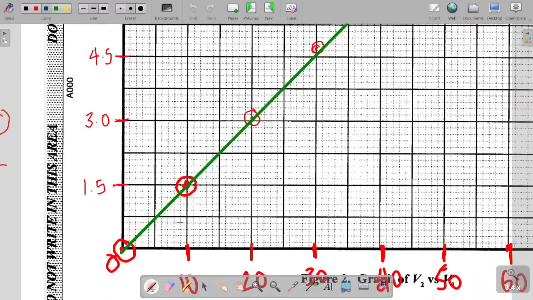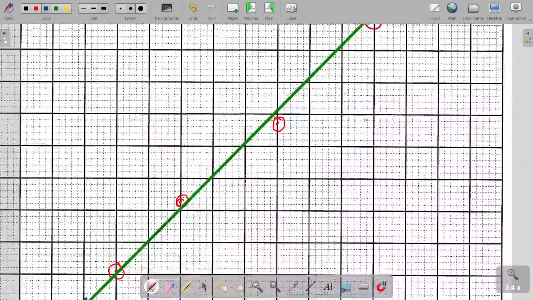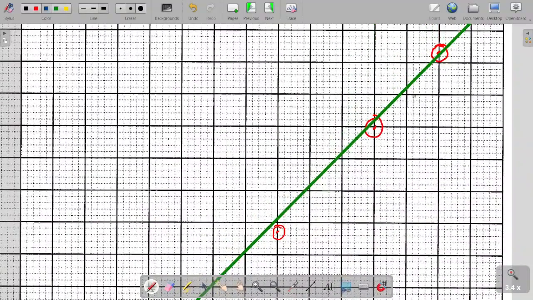So let's use this point right here. I'm going to be using a different color and a different symbol for our points. So I'm selecting this point on the line of best fit, right? And I'm going to select another point that is far apart. So let us select this point right here.